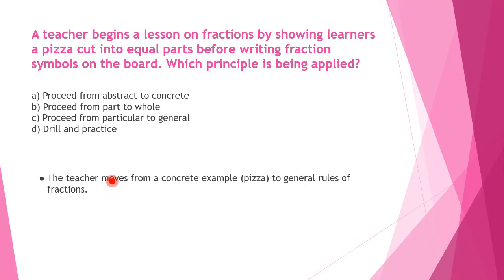So it means that you proceed from the particular to the general. You don't move straight to the general. You need to start from somewhere and end at somewhere. So proceed from particular to general.